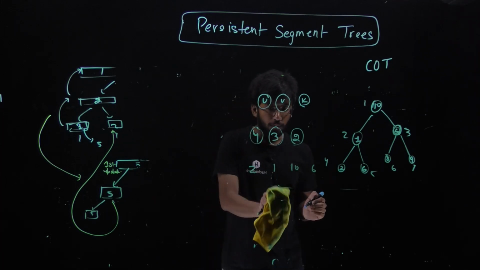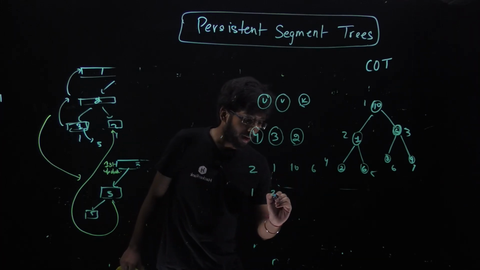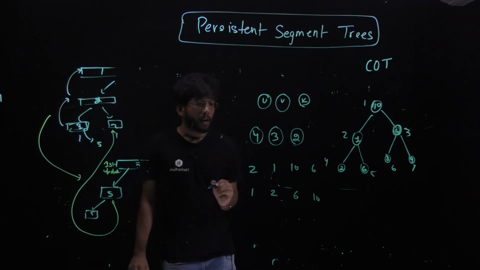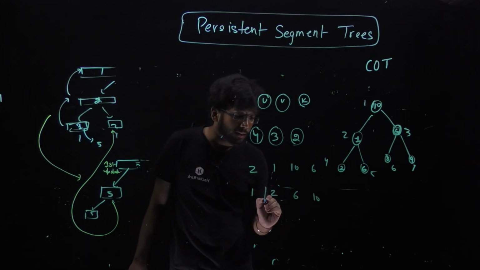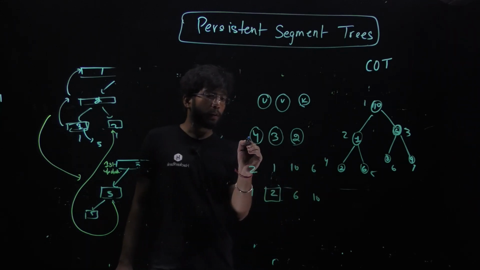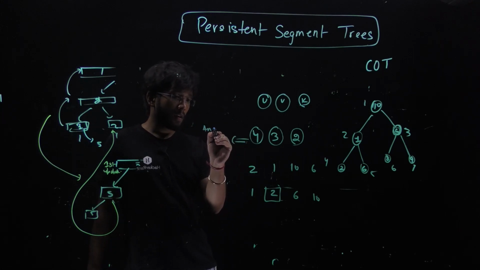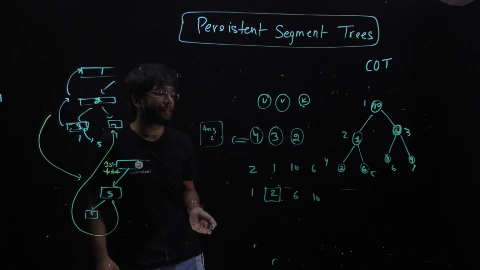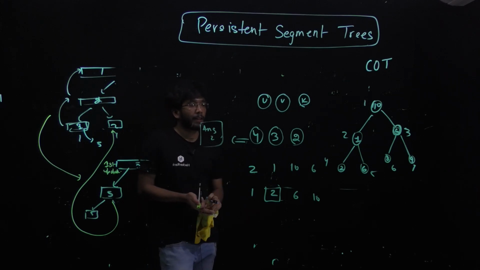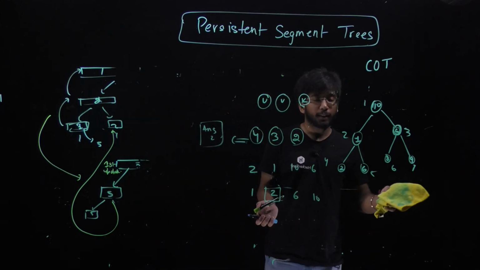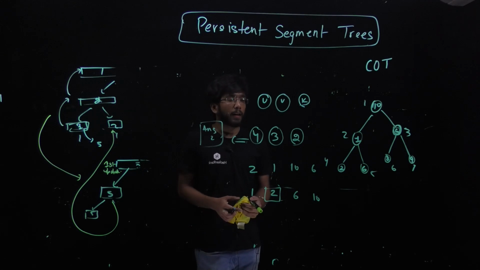We need to sort them first. The sorted order would be 1, 2, 6 and 10. Now the second element in this is 2. So the answer to this query would be 2. It's as simple as that. So this is the entire question.